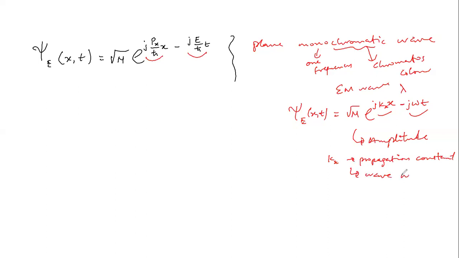It tells how the wave propagates in space, and it is usually the same as 2 pi over lambda. It is a measure of the number of wavelengths per unit distance, measured in radians per second. That is the propagation constant.